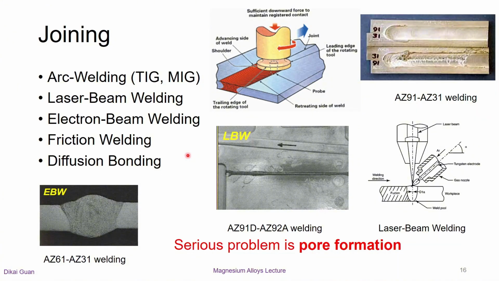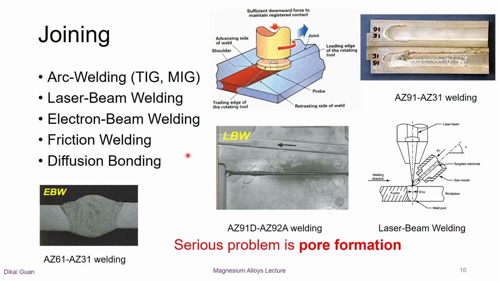Here we show several welding and bonding techniques in this slide. TIG welding is short for tungsten inert gas welding, and MIG is short for metal inert gas welding. Other welding techniques used in magnesium alloys include laser beam welding, electron beam welding, friction welding, and diffusion bonding.